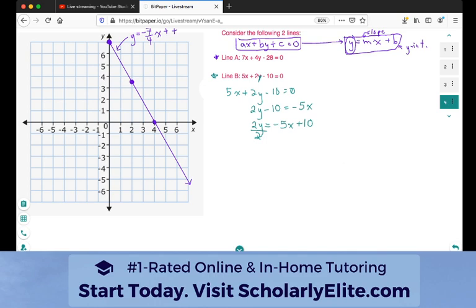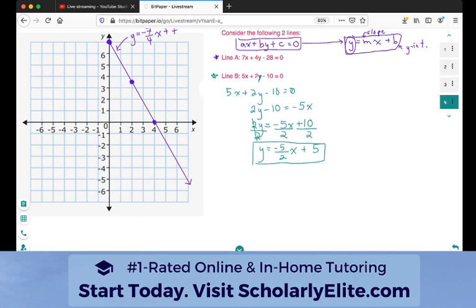And when we do something to one side, we have to do it to everything. So we're dividing by 2 across the board. This 2 divided by 2 is going to become 1, which is the whole goal. We want y by himself. And we've got y equals -5/2 x plus 5. So this is our y equals mx plus b version of this same thing.